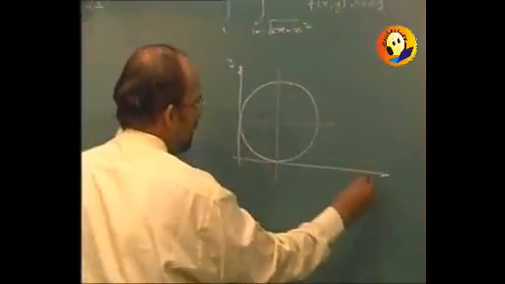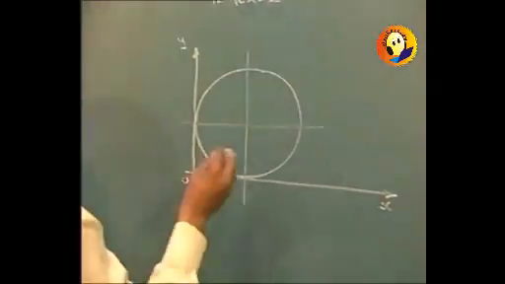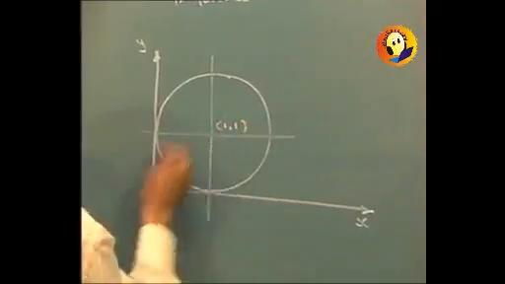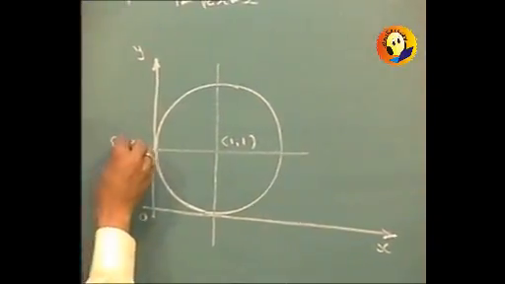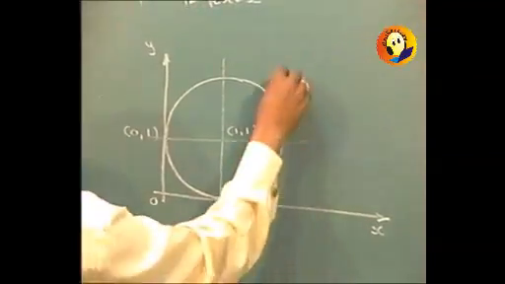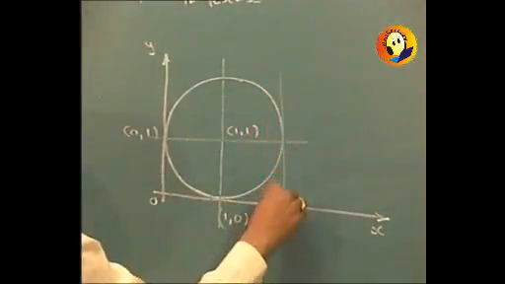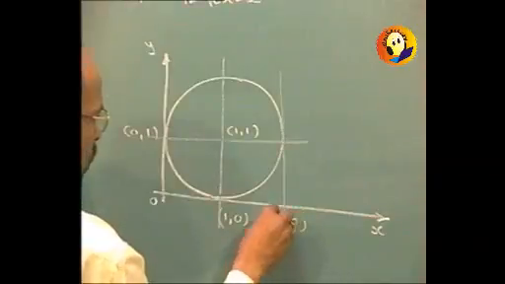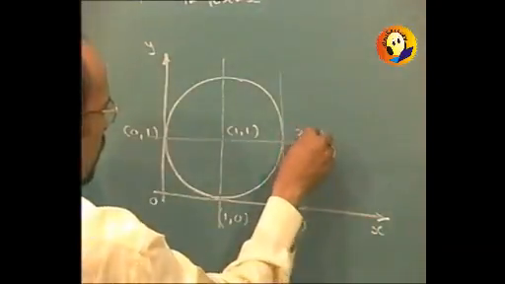So we have the y-axis, x-axis, origin, and center 1, 1. This is point obviously 0, 1. This point is 1, 0. And if at all we are interested in locating this point, it is 2, 0, whereas this point is 2, 1.